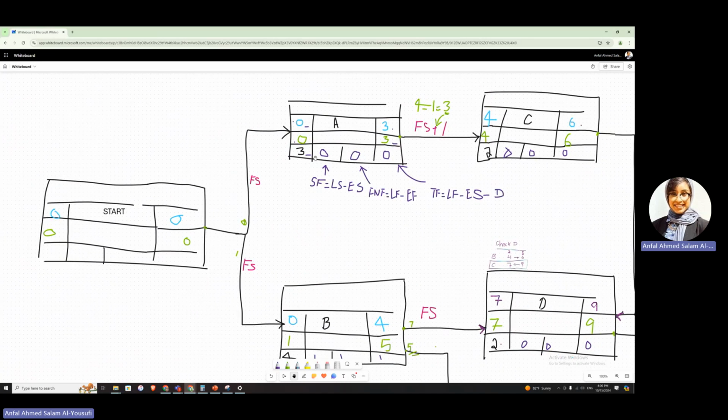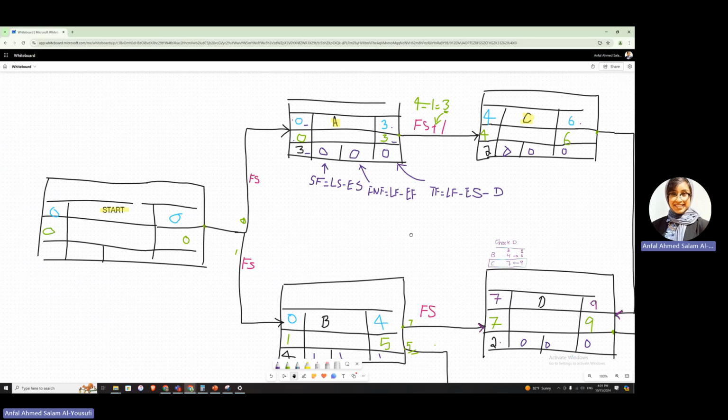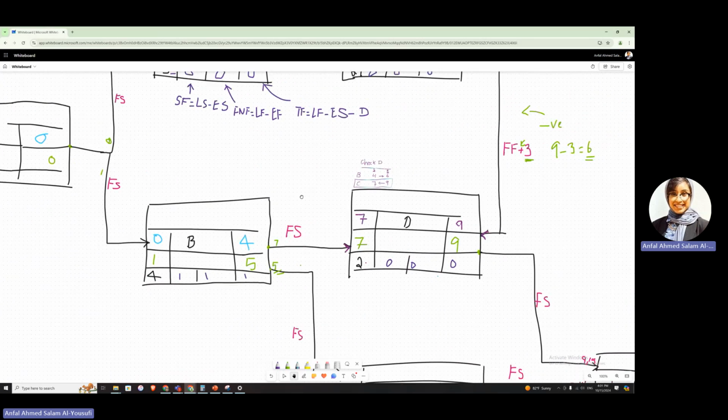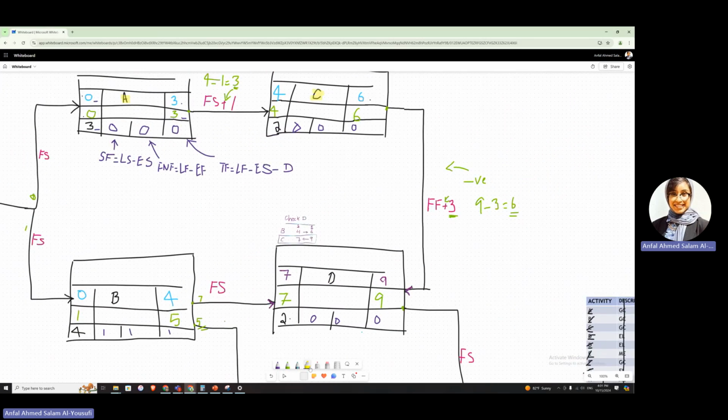Are the activities having all zeros in their start float, finish float, and total float, which in this case will be A, C, so we were going to write start, A, C. We know we cannot take B, we can take D, okay?